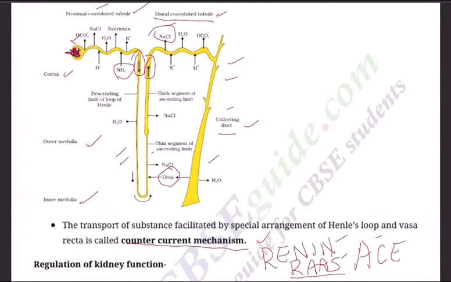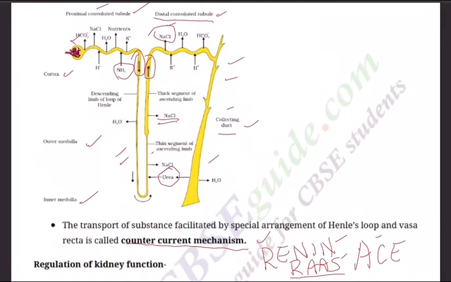This gradient is mainly caused by sodium chloride and urea. Sodium chloride is transported by the ascending limb of the loop of Henle, which is exchanged with the descending limb of vasa recta. NaCl is returned to the medullary interstitial fluid by the ascending portion of vasa recta.